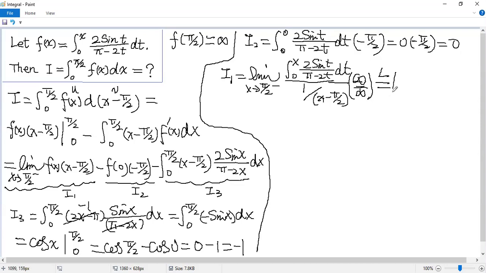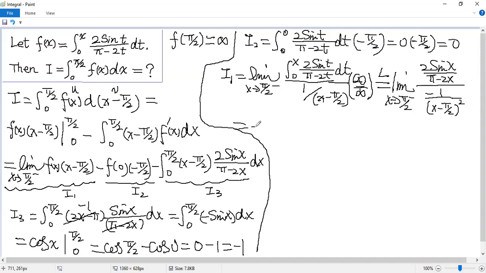So the limit as x approaches pi over 2 from the left side. Take the derivative of the top, we get 2 sin x over pi minus 2x. The bottom, we get negative 1 over (x minus pi over 2) squared.